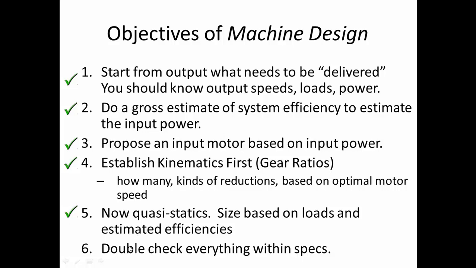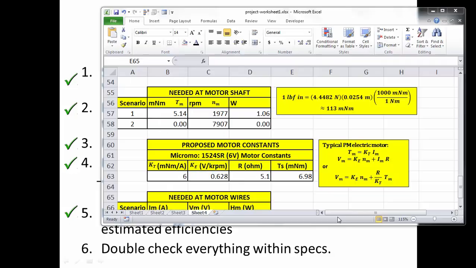The next thing I'd like to do is look at some other things in the motor. What I'd like to do is delve a little bit into how these motors work, bridging the gap, so to speak, between what's needed at the motor wires and what's happening at the motor shaft. There are 3 really critical constants that you get from the motor.